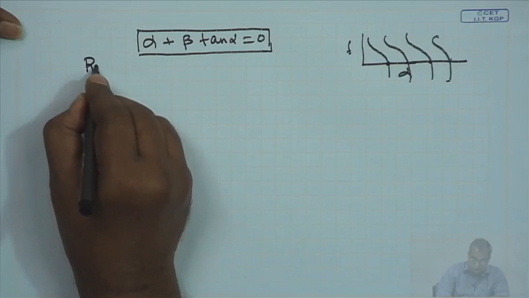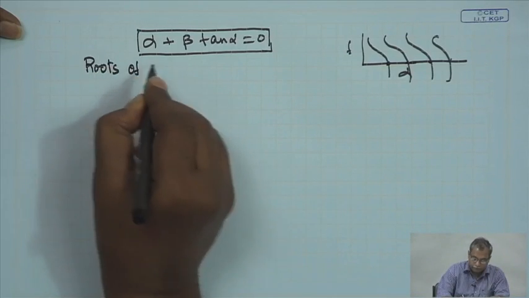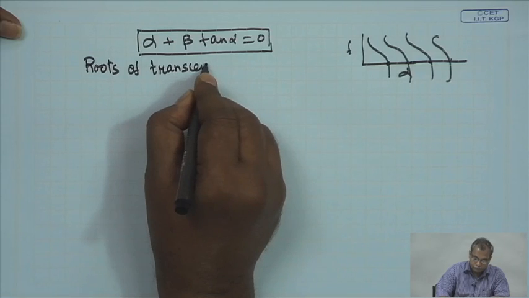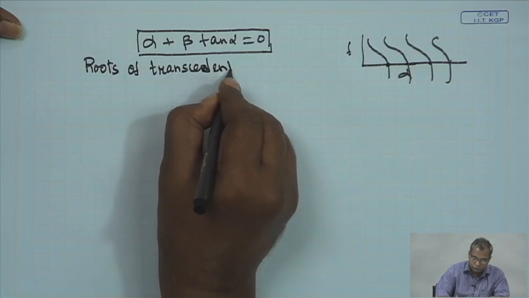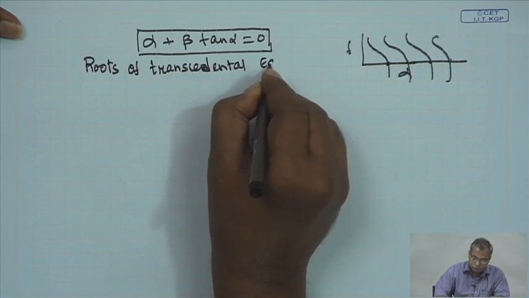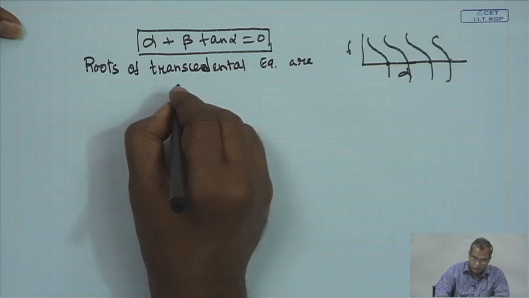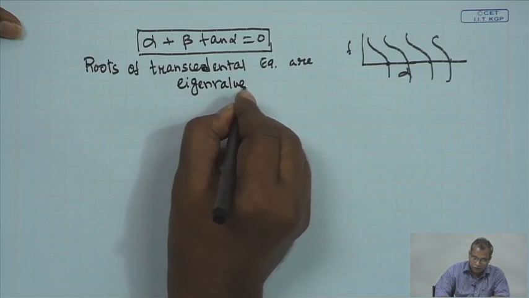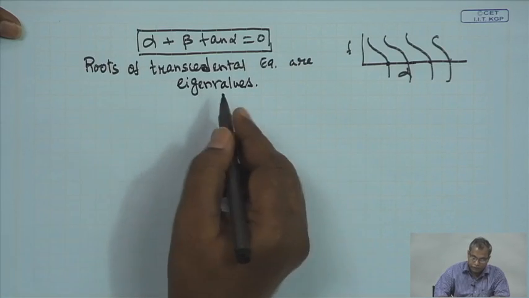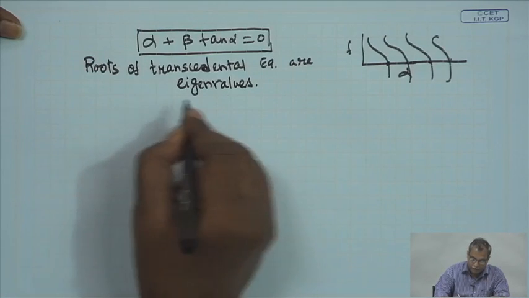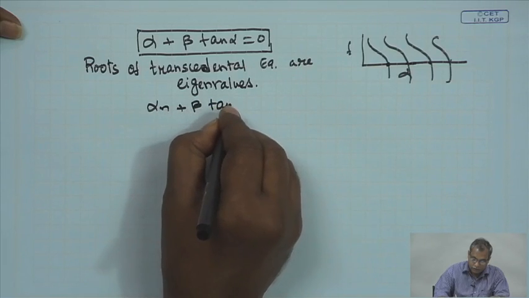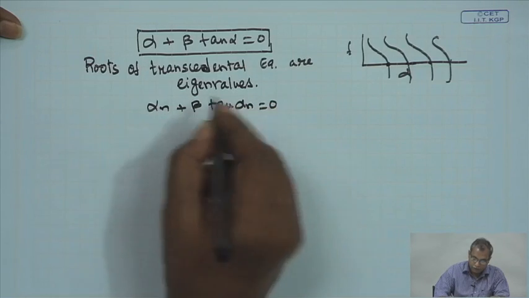So, we denote them as alpha n plus beta tan alpha n equal to 0.